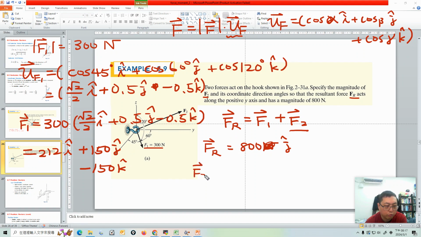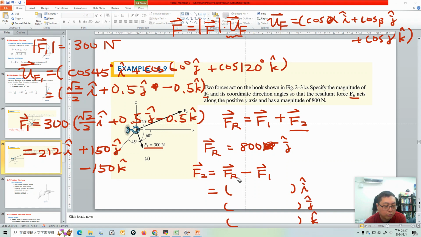The force 2 vector is equal to the resulting force minus the force 1 vector. Vector addition and subtraction with Cartesian vectors is very easy: x component minus x component, y component minus y component, z component minus z component. So eventually we still have i, j, and k.